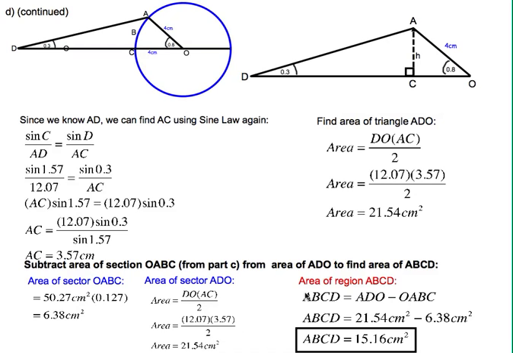And for a final value of ABCD, we get 15.16 centimeters squared. And that is how you do part C and D.